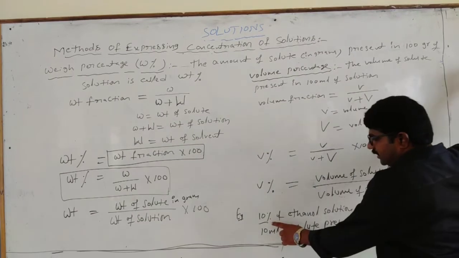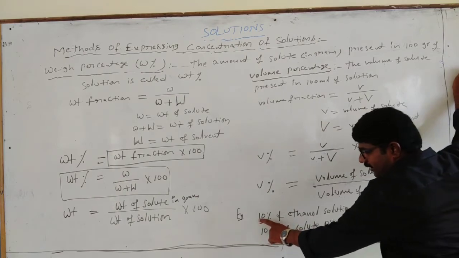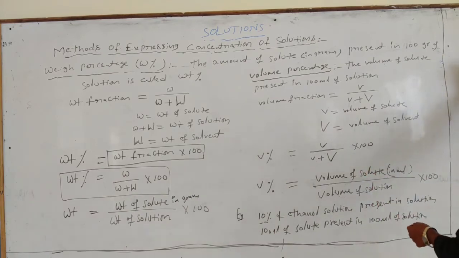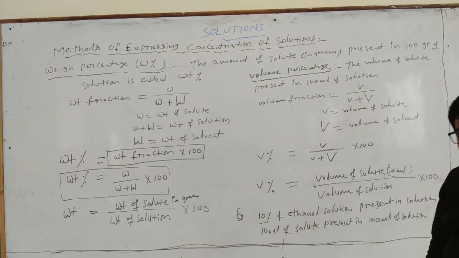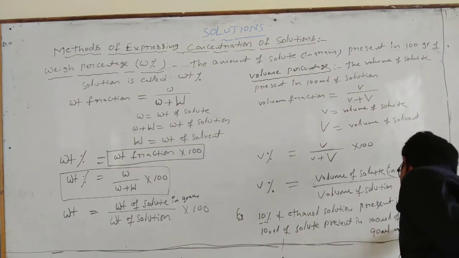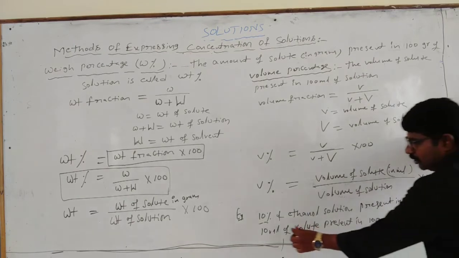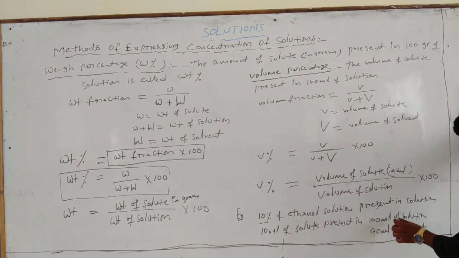Here percentage indicates the volume of the solution, and 10 indicates volume of solute. So 100 ml of solution containing 10 ml of solute means the remaining solvent is 90 ml. Solvent is 90 ml, solute is 10 ml, total volume of solution is 100 ml.